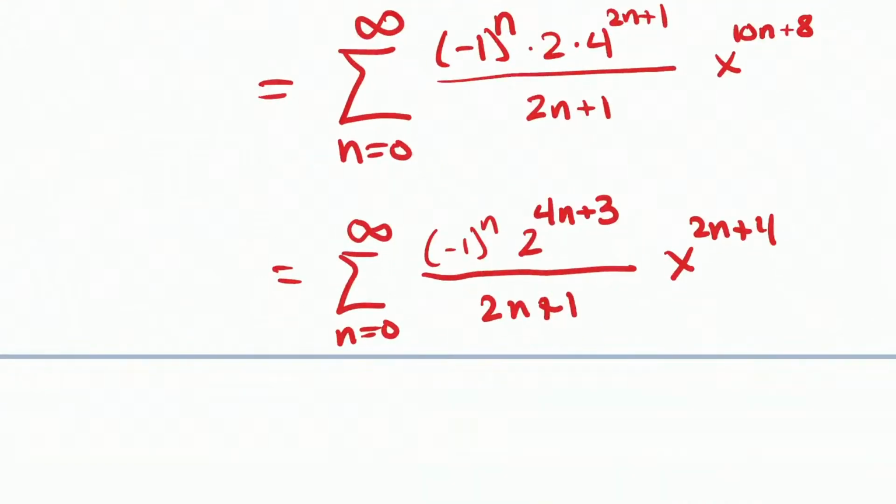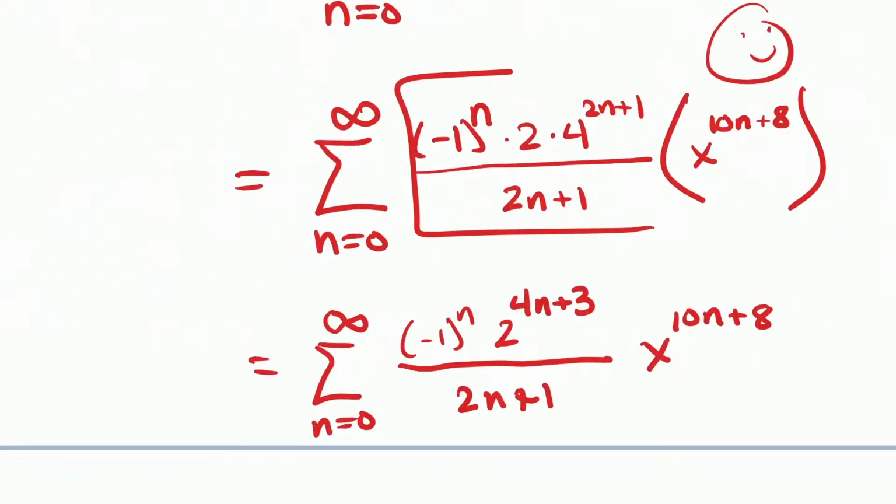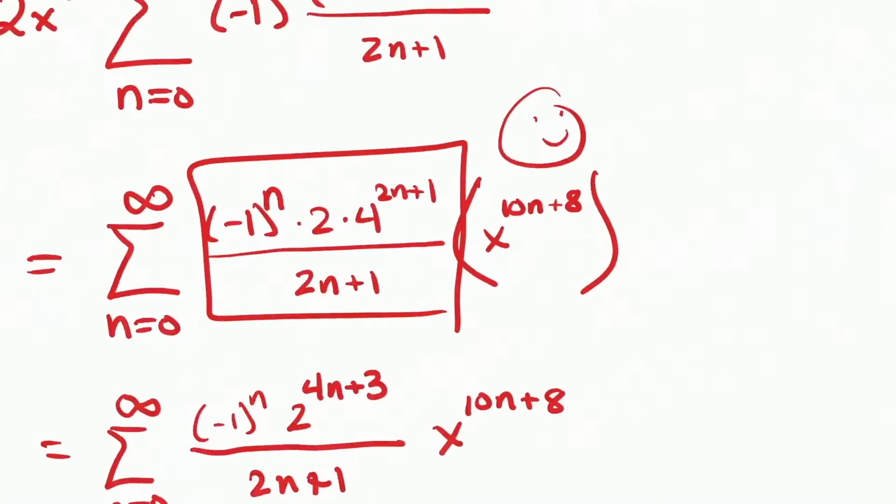But here I'll fix this. Let's see, get rid of that. This should be 10n plus 8. But I just lumped all the 2's together because this is really 2 squared. So I just thought that would be cool, but it's unnecessary. So anything like this, anything where you have something times all the x's, you'll be good.